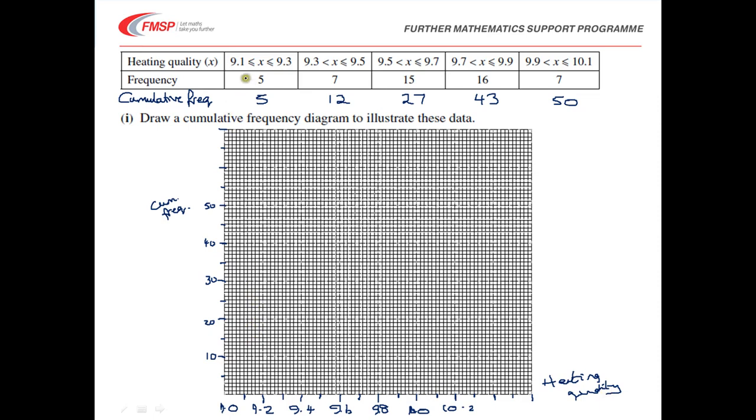Okay, now we know that there are no values below 9.1, so we can mark that. By the time we reach 9.3, we've hit 5. By the time we reach 9.5, we've hit 12. By the time we reach 9.7, we've reached 27.